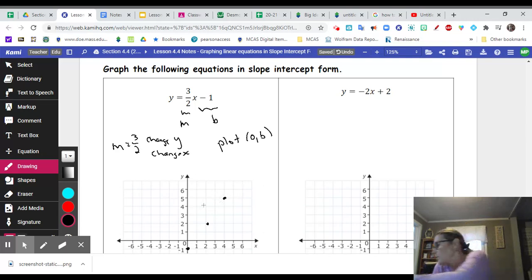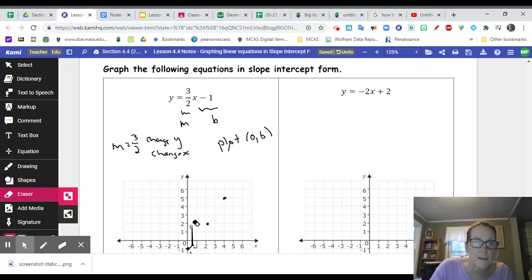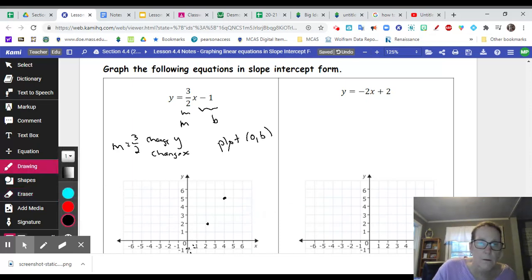And once I get a few points, then I can graph it. I can sketch it. And it goes up and up.